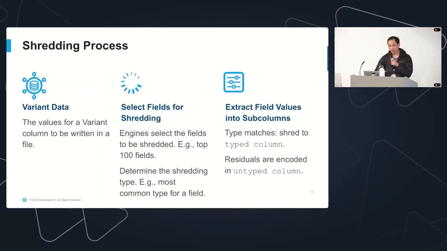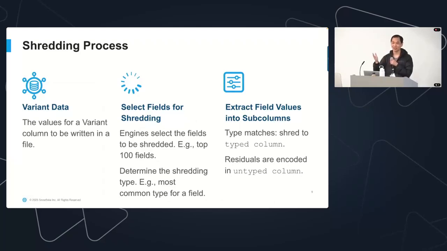Here is the shredding process. Basically, for each file, let's say for a column, we have 1,000 data. Now, how do we shred subcolumns out? Based on those 1,000 data, we decide what kind of fields we can shred. That is an engine-specific thing.